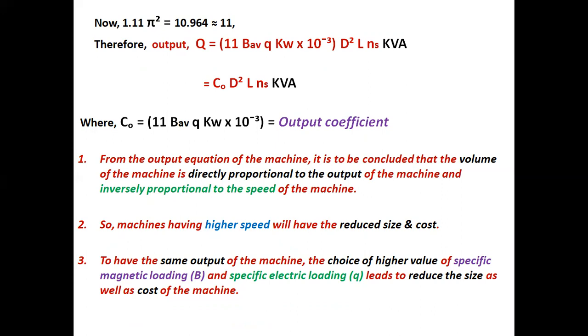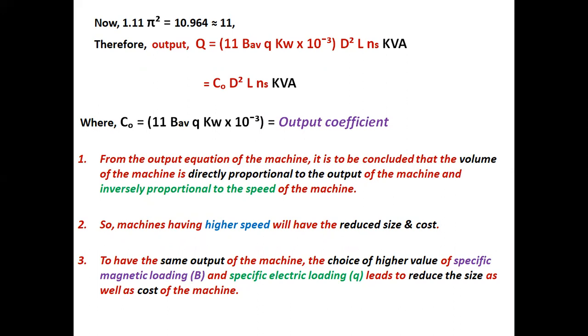Therefore, output Q is equal to 11 B average q Kw into 10 to the power minus 3 into d square L small ns kVA. That is equal to C0 d square L ns, where C0 is the output coefficient, which is equal to 11 B average q Kw into 10 to the power minus 3.